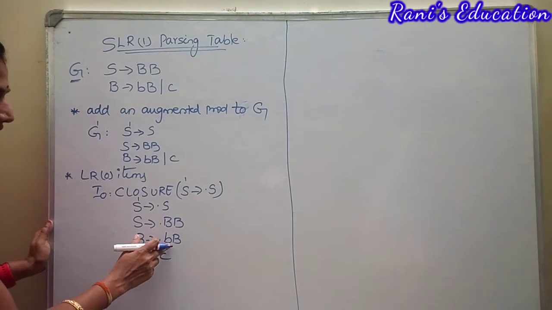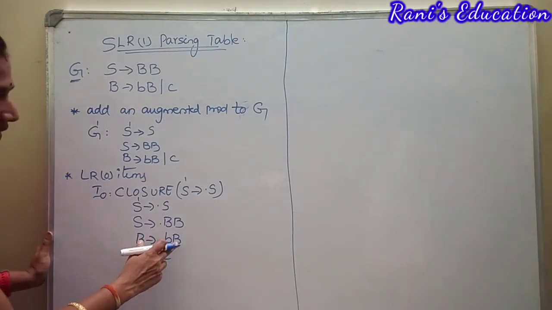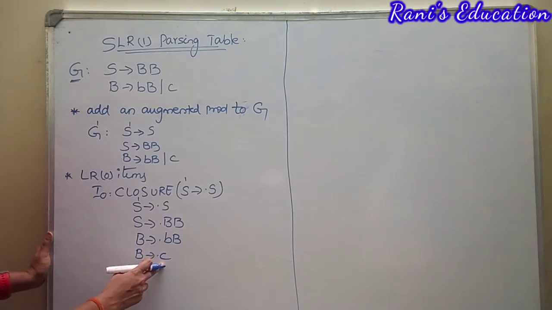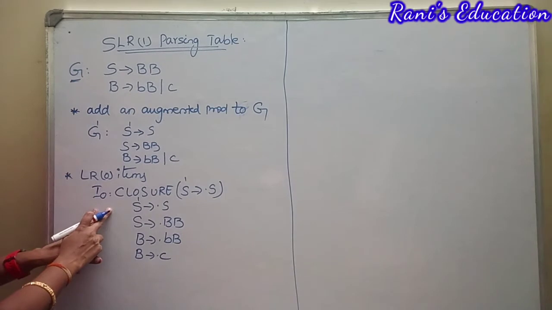Here after the dot there is a terminal, so we don't have any productions for the terminals b and c. This is how we compute the I0 item set.